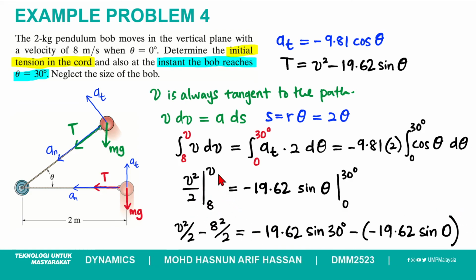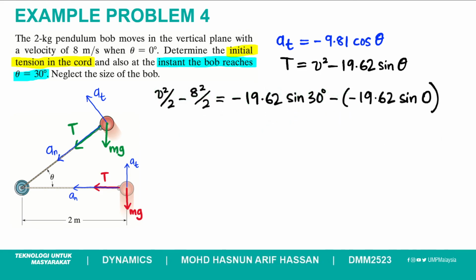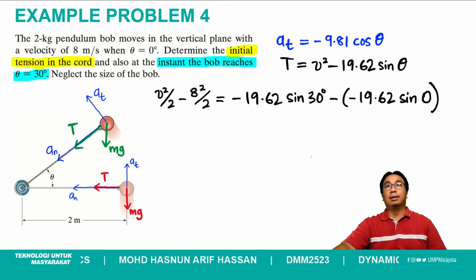So now we key in the range. So v square over 2 minus the lower range 8 square, substitute in v, 8 square over 2. Same goes for the right hand side. Sin, we key in the upper range sin 30 minus the lower range sin 0. Okay, so this is what we have until now.